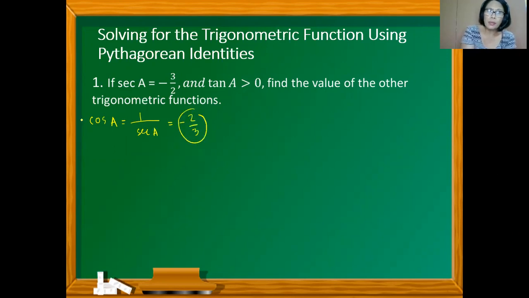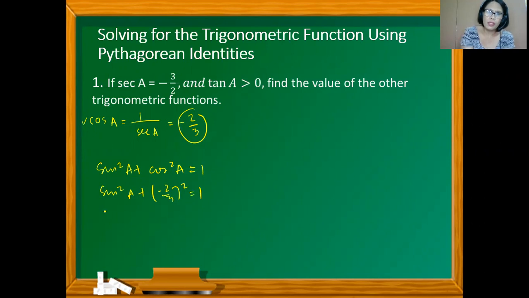Now we already have cosine A. We can make use of the Pythagorean identity sine squared A plus cosine squared A equals 1. So substituting negative 2/3 here, we have sine squared A plus square of negative 2/3 equals 1.